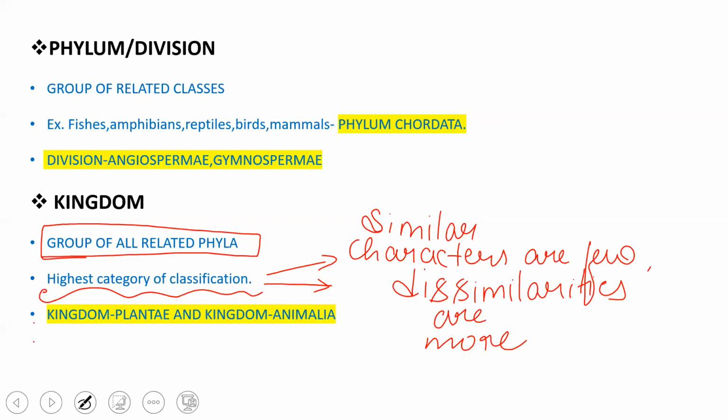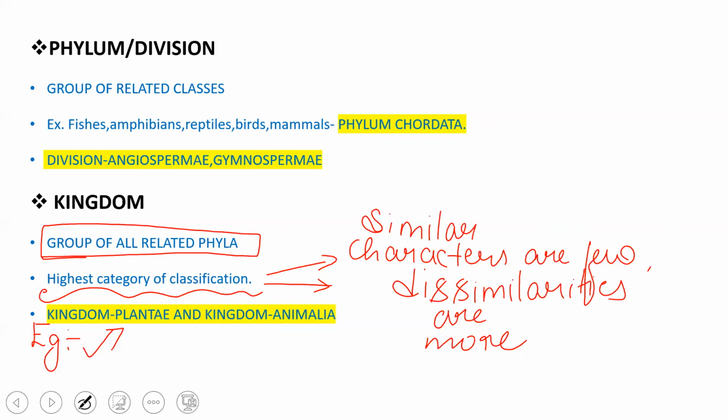For example, we have two kingdoms on the whole, that is kingdom Plantae and kingdom Animalia. Kingdom Plantae starts from the lowest organisms to the highest, that is from the non-flowering to the flowering plants. So algae, bryophyta, pteridophyta, gymnosperms, and angiosperms all constitute the kingdom Plantae.